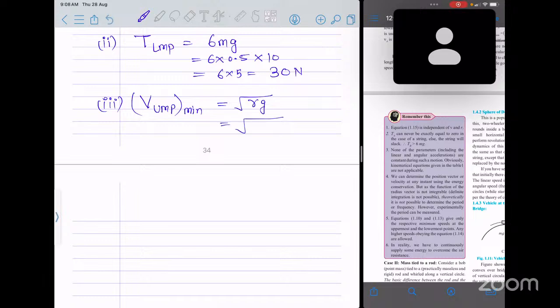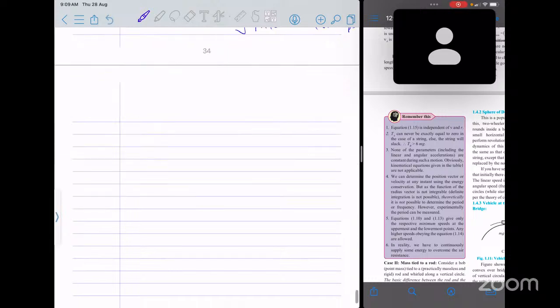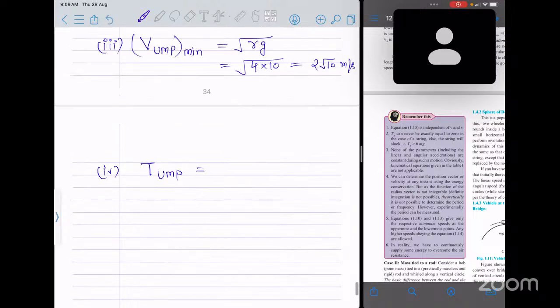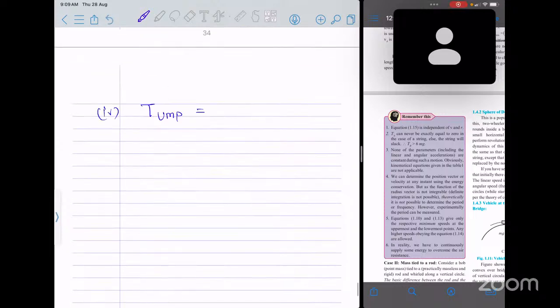R is 4, g is 10, so this will become 2 root 10 meter per second. Tension at uppermost point in the case of minimum velocity is 0.